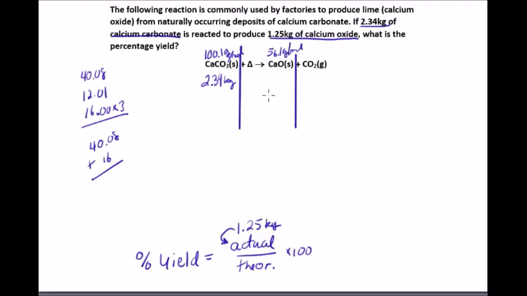Okay, now following our stoichiometry steps, we know we have to convert any masses we have over to moles. Of course, we're given 2.34 kilograms, so we can start by saying 2.34 kilograms times 1,000 grams in a kilogram.